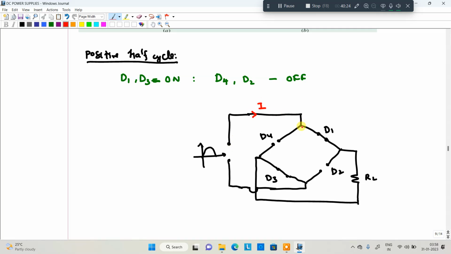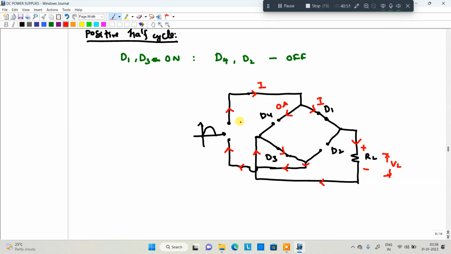Before it was open circuited, so the current was 0 amperes. Now current is flowing. That current will be flowing through the load. This is the direction. This is the voltage VL. Okay, this is the direction it is entering, and then this is the direction. Again this is the direction, and it is entering into the negative terminal. It starts from here and enters the negative terminal. It is a closed path, right? So in this particular case, given a positive half cycle, the output is also a positive half cycle only.